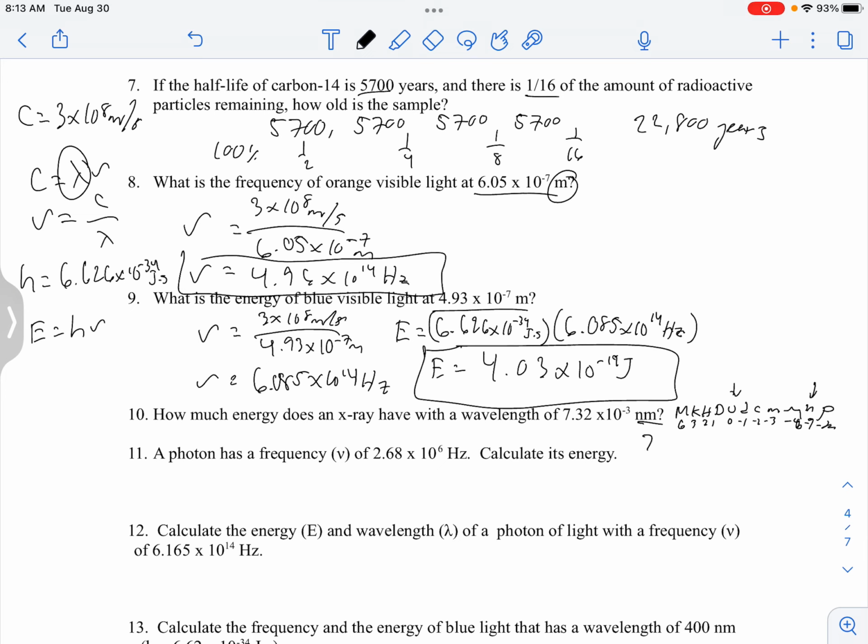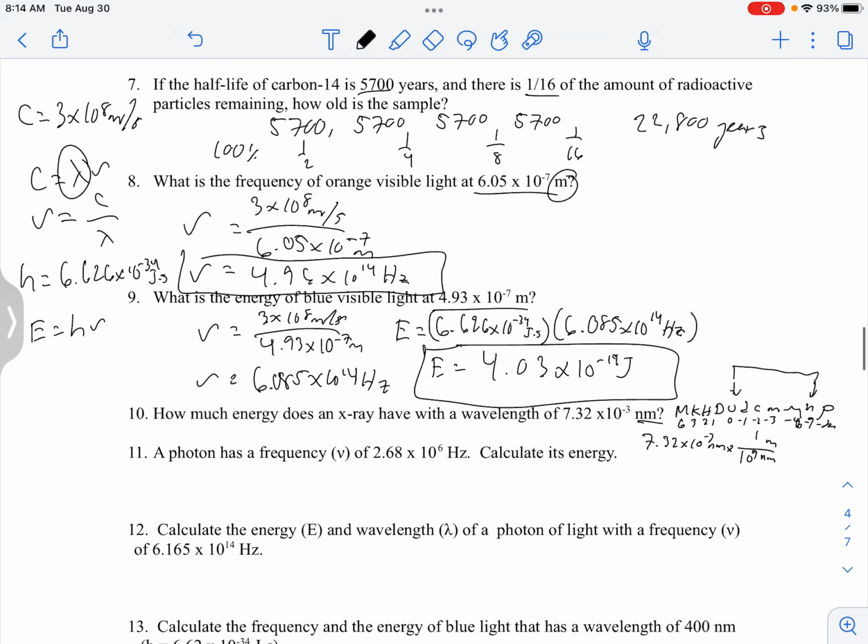So the first thing I'm going to do is convert 7.32 times 10 to the negative third nanometers. Meter is a bigger unit. Between 0 and negative 9, the difference in the powers of 10 is 9, so 10 to the 9th.